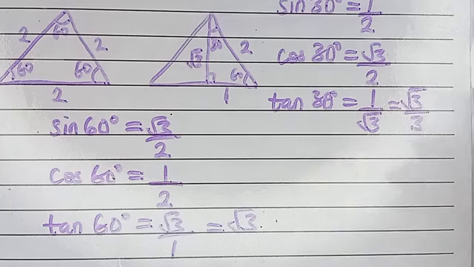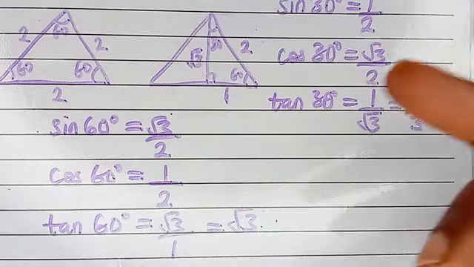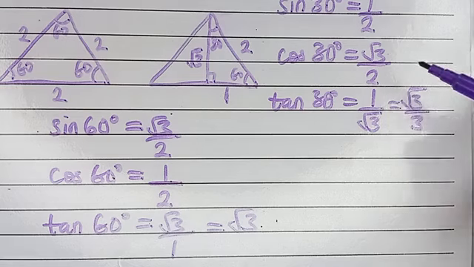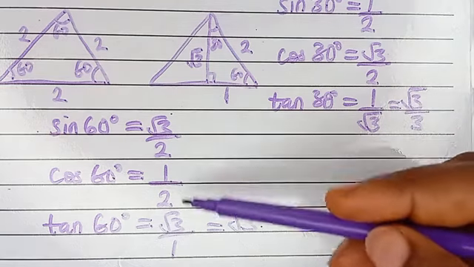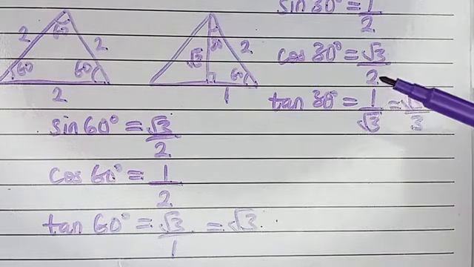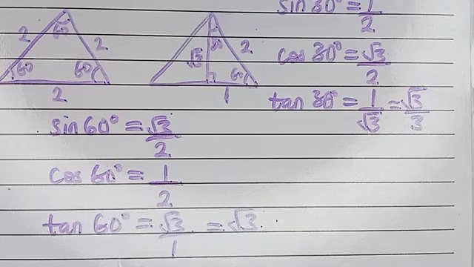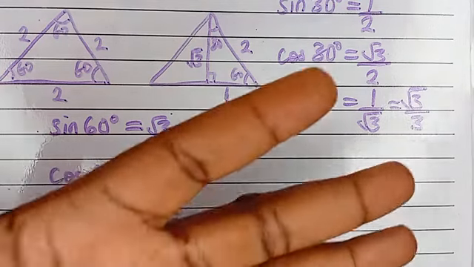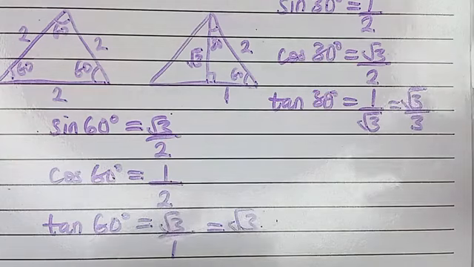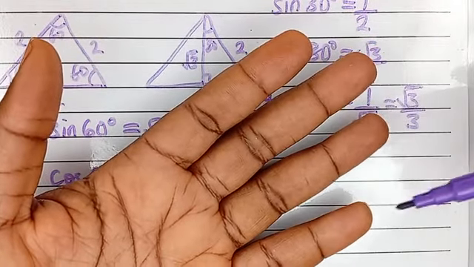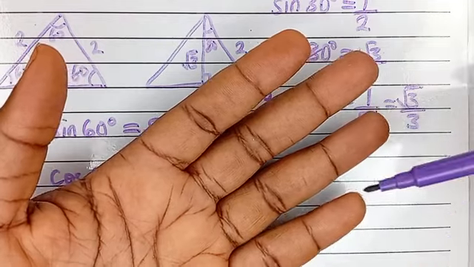Now, there is a simple method for us to remember all these ratios, because in solving, especially without a calculator, most times you have to deal with these ratios. They are standard ratios for these special angles, 45, 30, and 60. Now, I'm a right-handed person, so I'm going to use my left hand. If you're left-handed, you use your right hand. This is my palm, and I'm going to name these fingers.